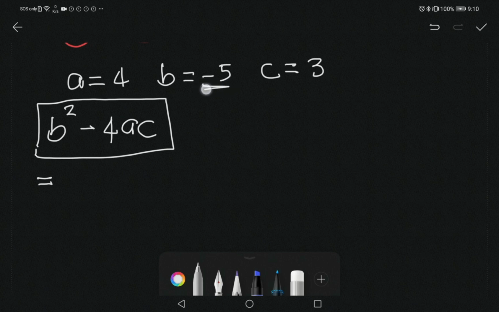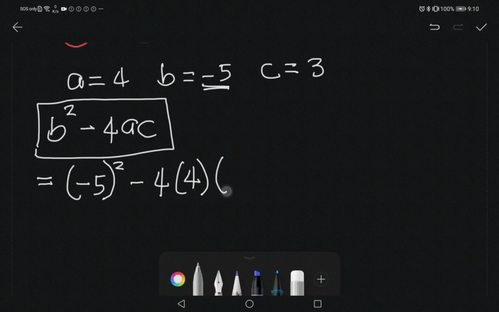So, kani siya value sa b, -5. -5 niya i-square na nimo diya. And then, minus 4. Niya ang value sa a is 4. Niya ang value sa c is 3.